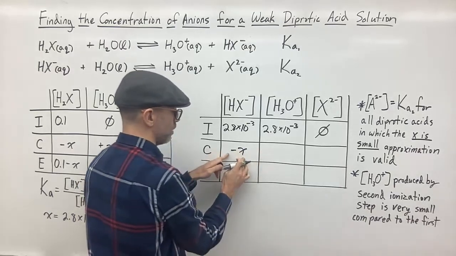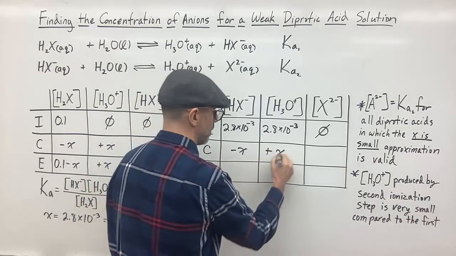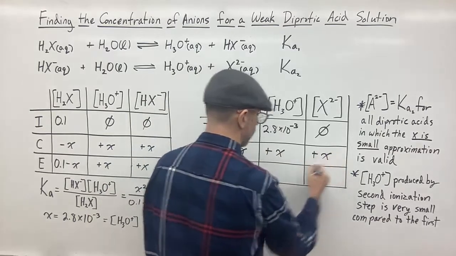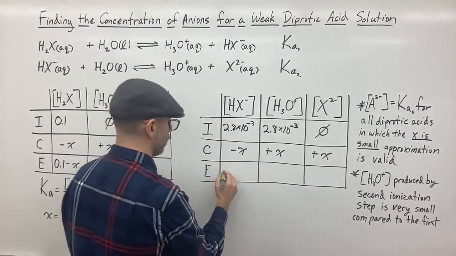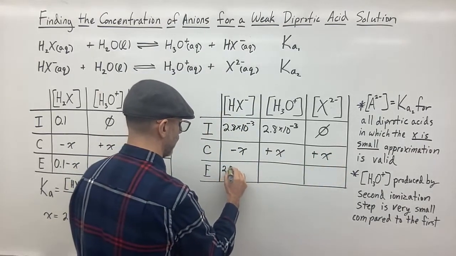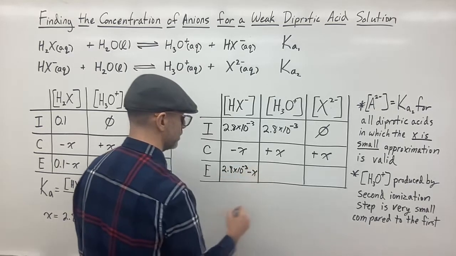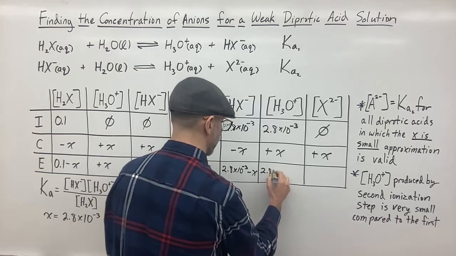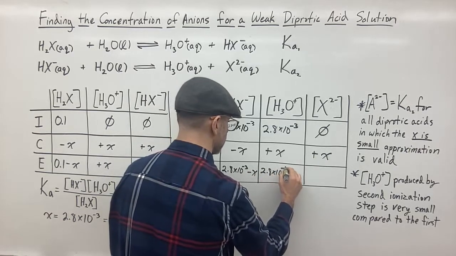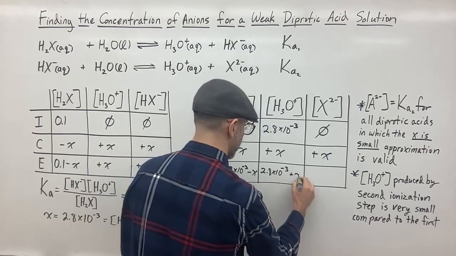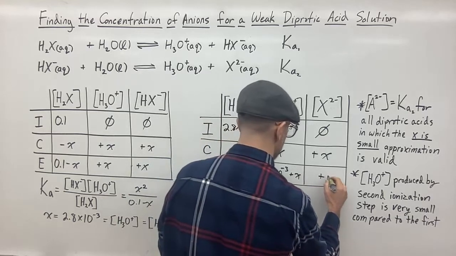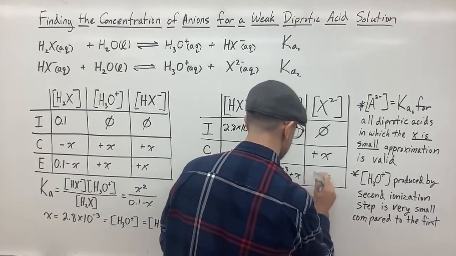I'm going to lose some here, and then gain the same amount here and here. Now for equilibrium, it's going to be 2.8 times 10 to the negative 3 minus X here, 2.8 times 10 to the negative 3 plus X here, and here it's going to be just X.